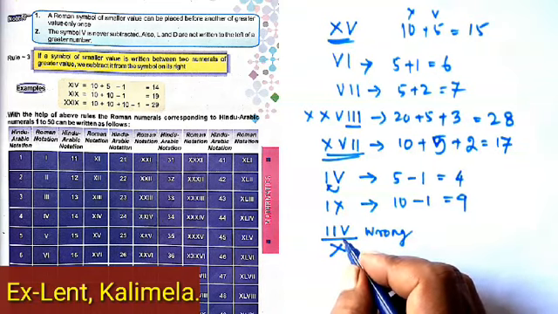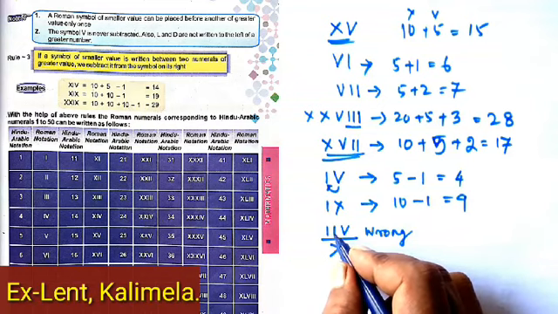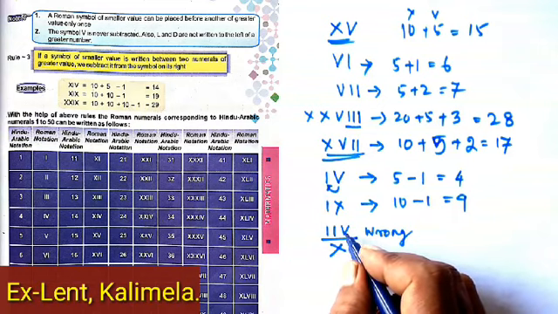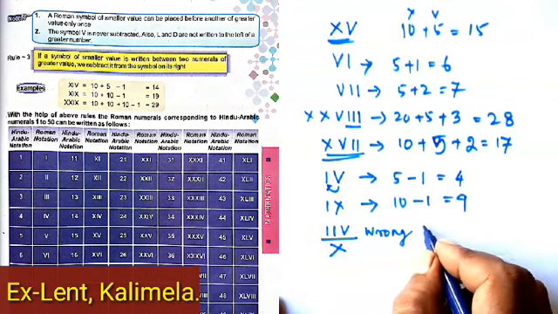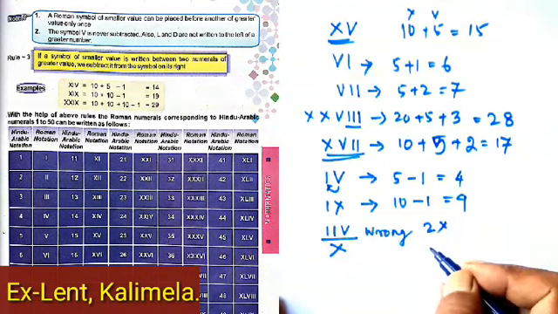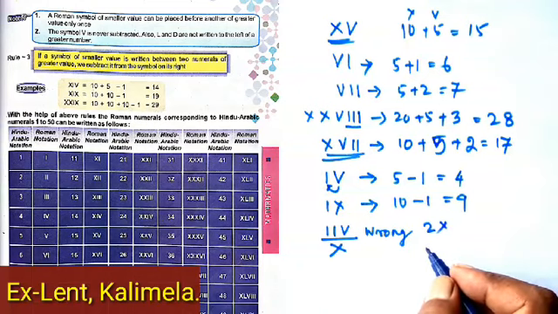We can write the smaller number before the greater number only one time. Here it is two times, so it is wrong. The rule is a Roman symbol of smaller value can be placed before another of greater value only once.